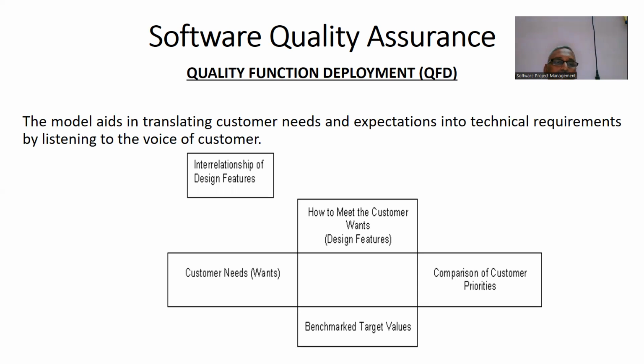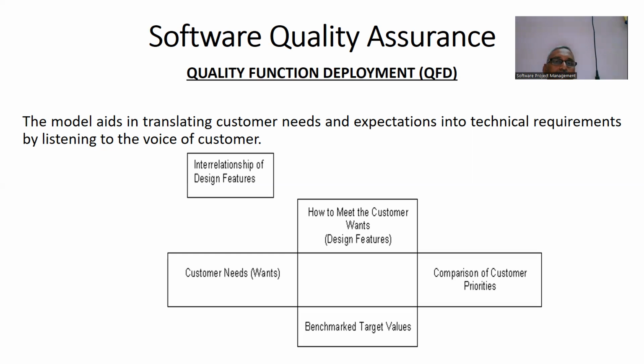Interrelationship of design features, how to meet the customer wants, customer needs, and a comparison of customer priorities and benchmark target value. Quality function deployment was developed in the late 1960s by a Japanese planning specialist named Yoji Akao.